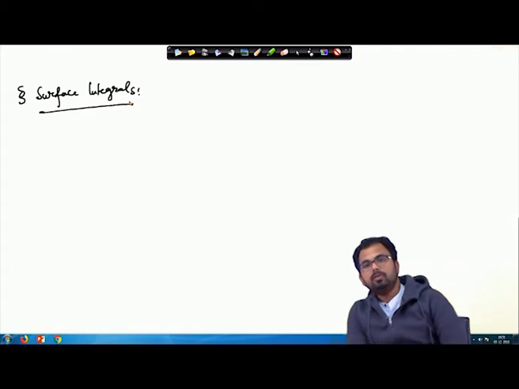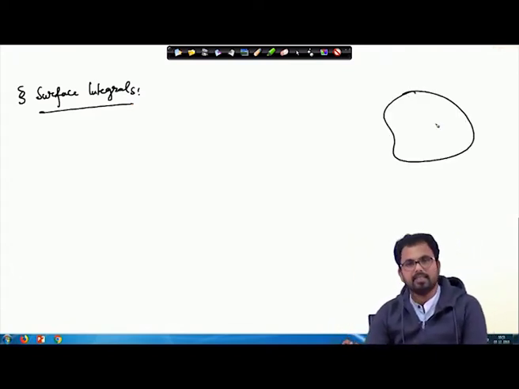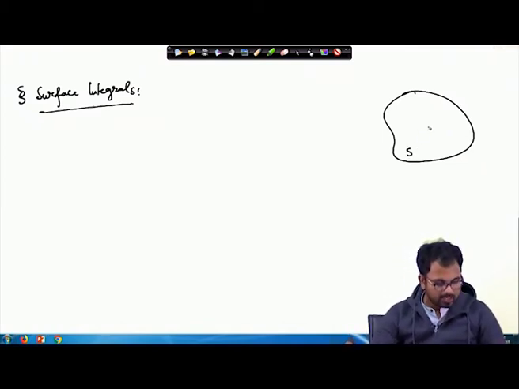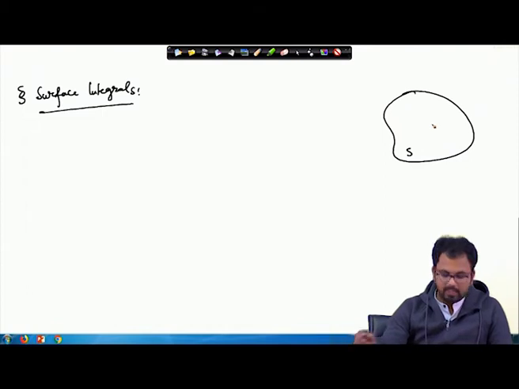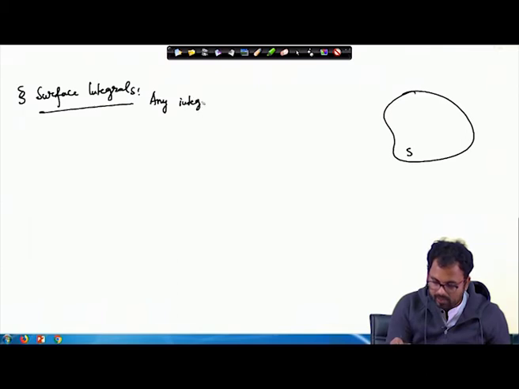So, what do we mean by surface integral? Let us assume that this is our surface S in 3 dimensional space. It is like the line integral definition.